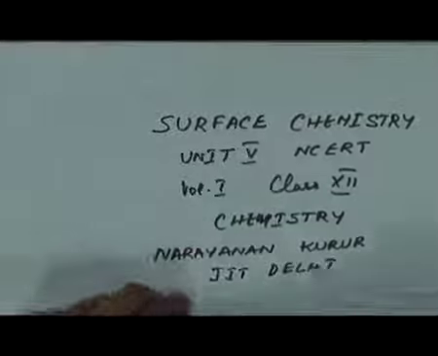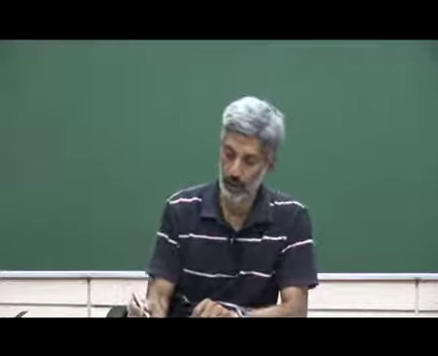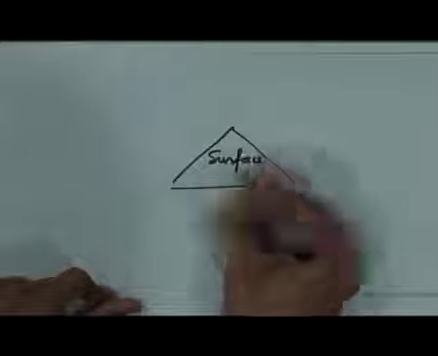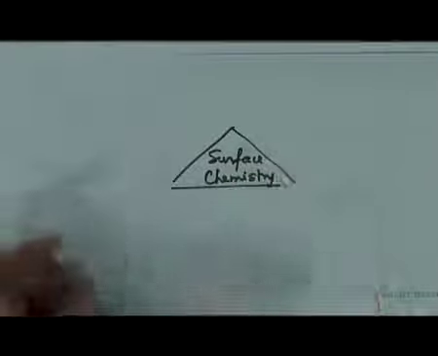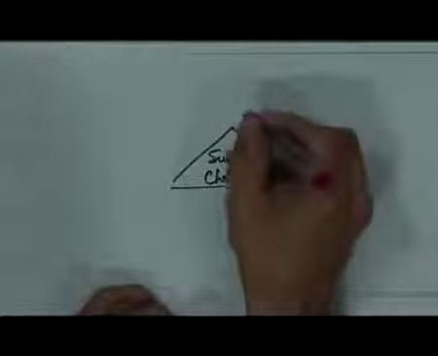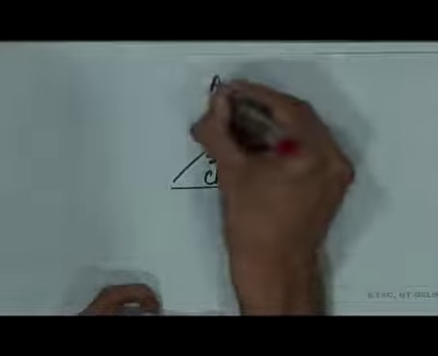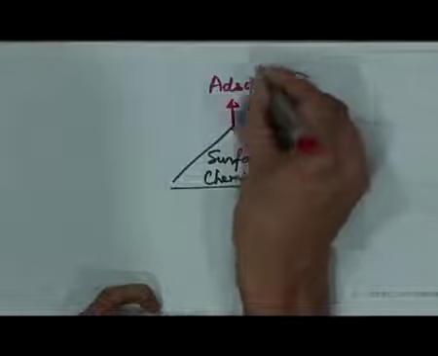So, if you look at this chapter in the NCERT textbook dealing with surface chemistry, it says surface chemistry in the title of the chapter, and if you look carefully, it has 3 different portions. There is one on adsorption, that is a significantly big section.